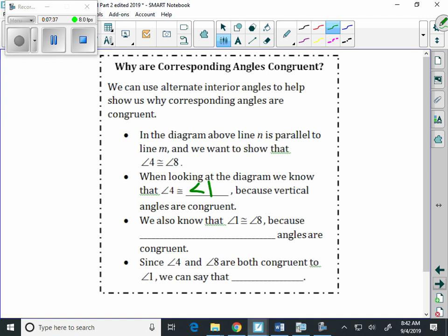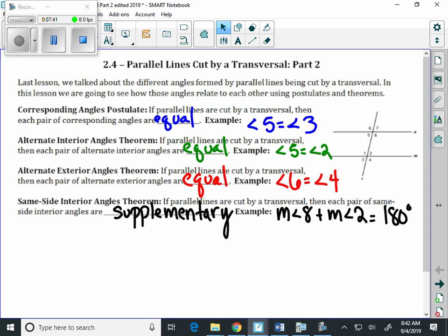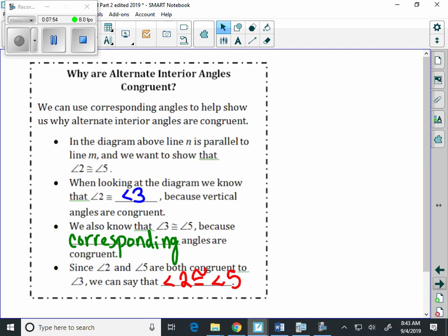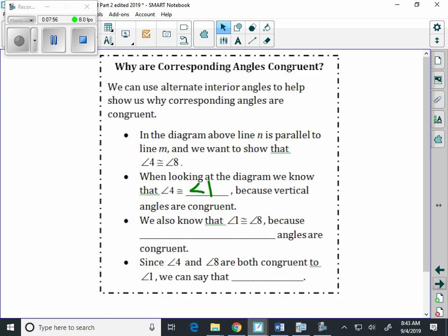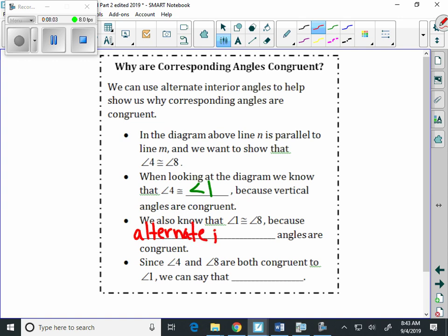We also know that angle 1 is congruent to angle 8. Again, going back and looking at the picture, angle 1 and angle 8 are in between the parallel lines and on opposite sides. And that's going to be because alternate interior angles are congruent.